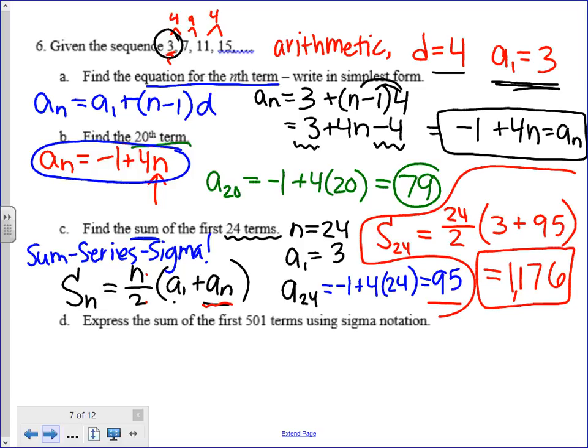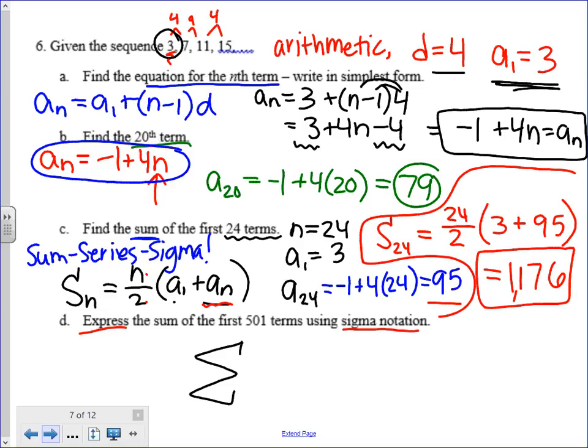All right. Finally, express the sum of the first 501 terms using sigma notation. Now, just express your answer, you don't have to actually find the sum. So when we have sigma notation, I have to start by writing my sigma. Now, next to sigma, I always use the sequence formula in simplified form.